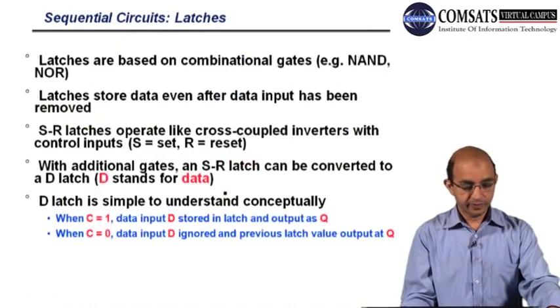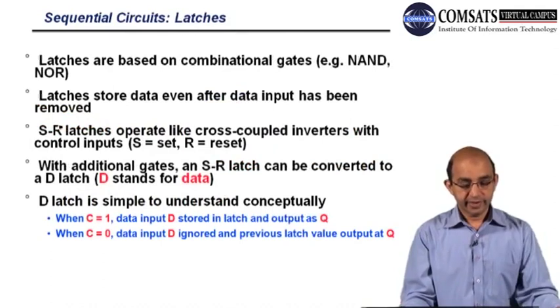And then we have the SR latch and the D latch. The problem with the SR latch is that we have certain race conditions, and we want to avoid those because they violate the fundamental principles and laws of Boolean algebra.